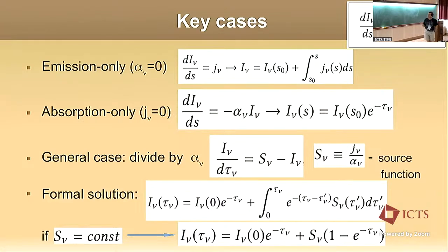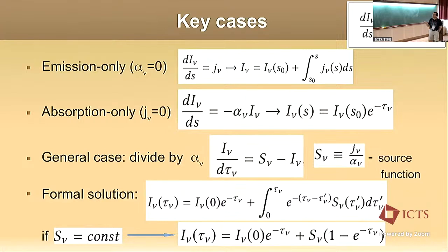The most general case, of course, is neither one of those, where neither term is zero. So what do you do in this case? You can divide by alpha. Alpha times ds is d tau. So you get dI over d tau. This should be dI, by the way, there's a typo there.